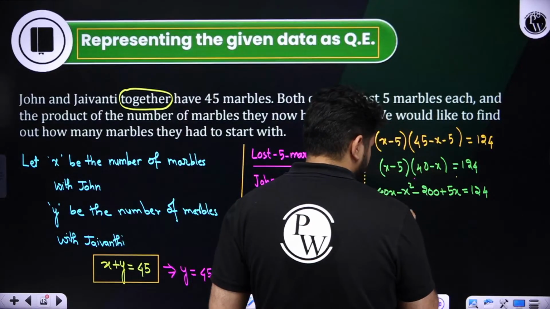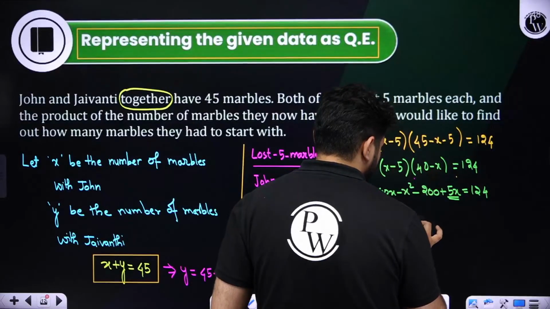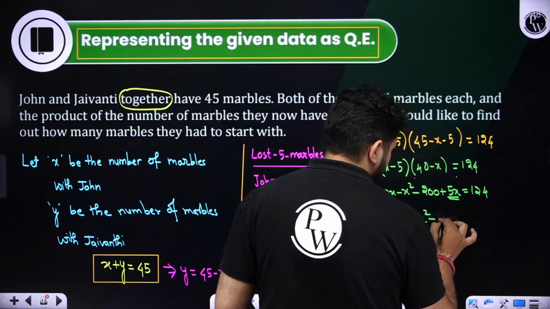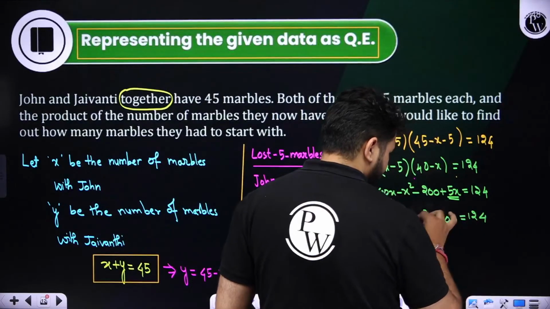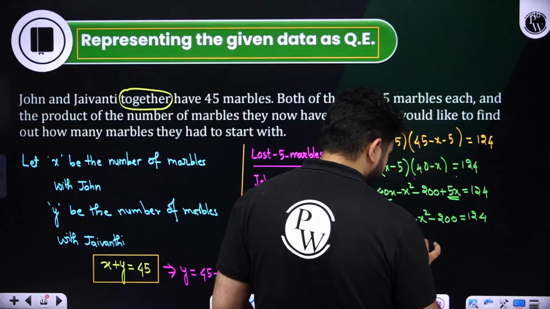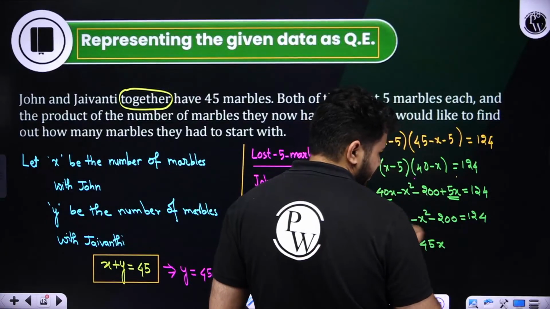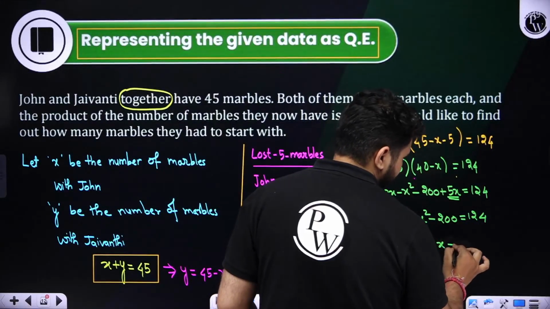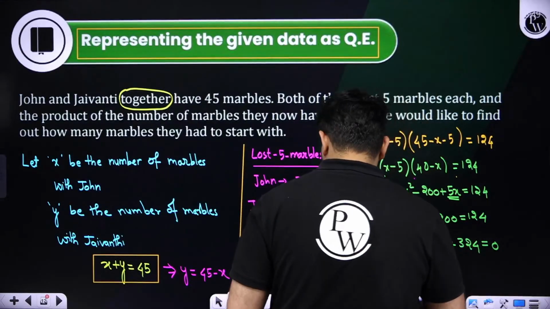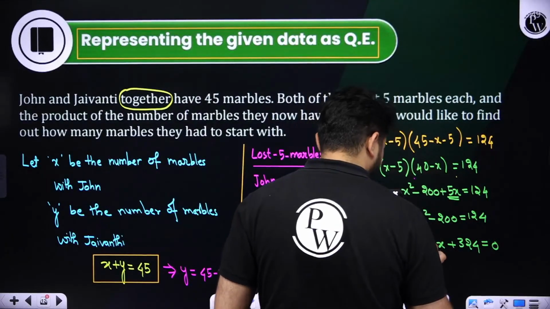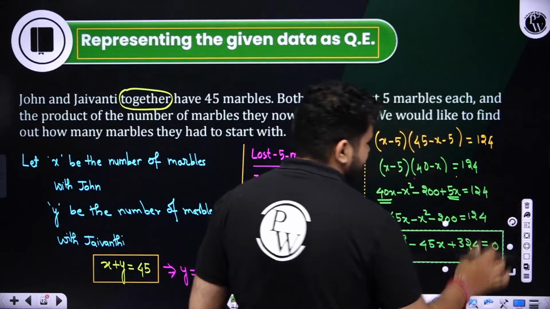If you add this, it is 45x minus x square minus 200 is equals to 124. Shift this side: x square minus 45x, because the whole term is shifted, plus 324 is equals to 0. So this is your required quadratic equation. Clear to everyone?